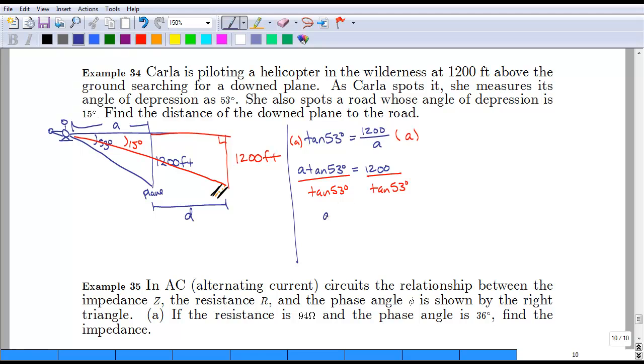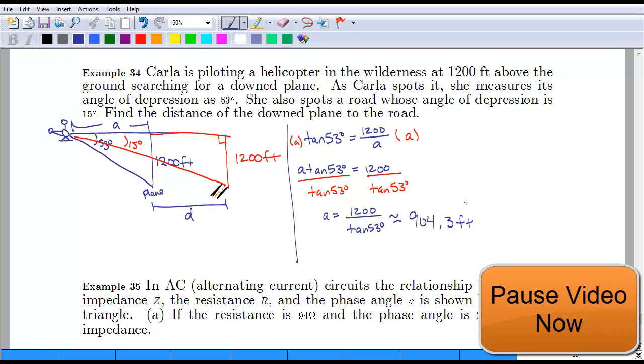And we get that A is going to be 1200 divided by the tangent of 53 degrees, which is approximately 904.3 feet. So there's our distance A. I want you to pause the video now and find the entire distance. Keep in mind this is going to be the entire distance B of this larger red right triangle.